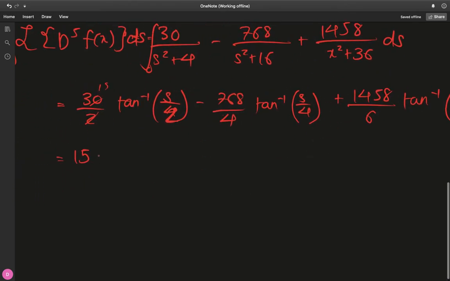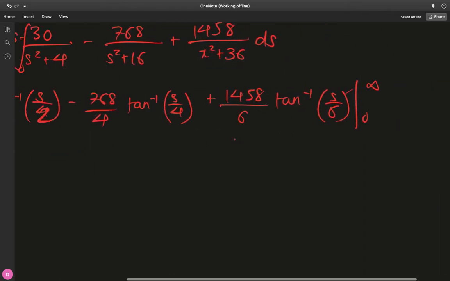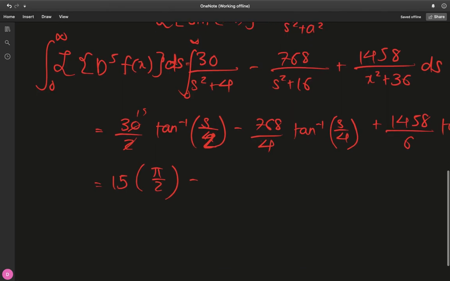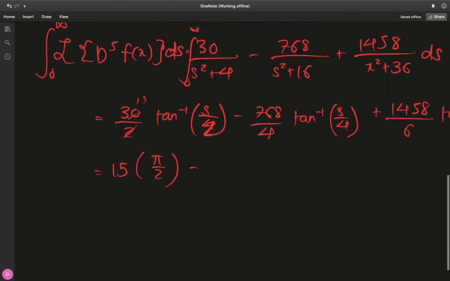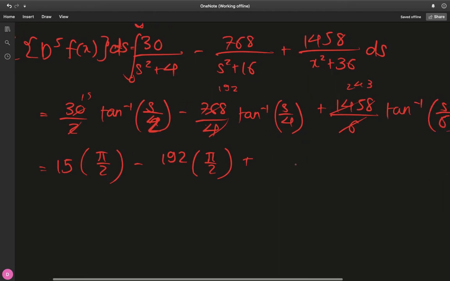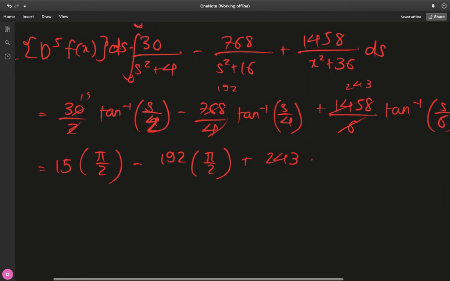So we just have 15 times inverse tangent of infinity over 2, which is again infinity, so that will be pi over 2, minus, this will just reduce down to 192, and again inverse tangent of infinity is pi over 2. This will again reduce down to 243 plus 243 times pi over 2 because of the inverse tangent.